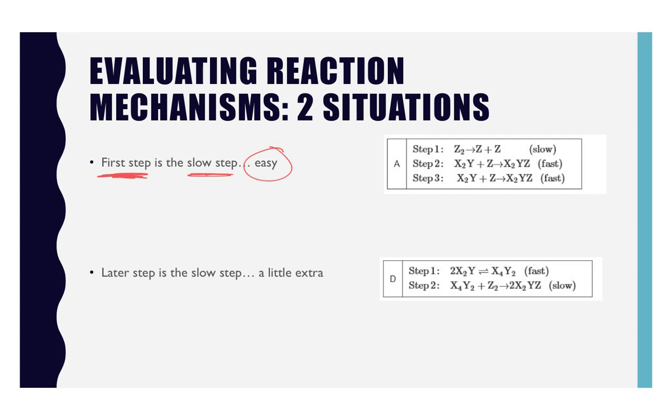Okay, so again, in this particular mechanism right here, evaluating if this is acceptable or not is going to be easy because that first step is the slow step. Okay, if a later step is the slow step, it gets a little bit extra. You can do some extra things. So again, here in this particular mechanism for the same reaction, the second step is the slow step, and so that's going to require us to do a little bit more thinking and math.